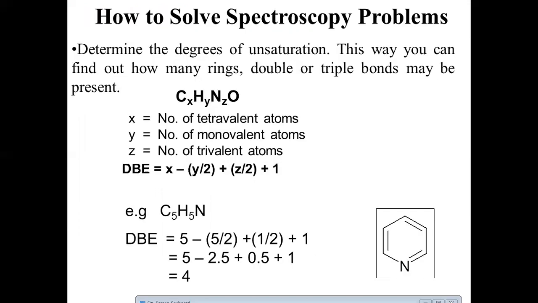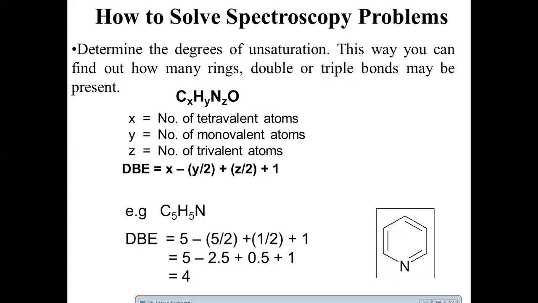Now, how to solve spectroscopic problems? Suppose the molecular formula is given, you can find out the degree of unsaturation or double bond equivalence. Consider CxHyNzO, where x is the number of tetravalent species, y is the number of monovalent species, and z is the number of trivalent species. You can calculate the double bond equivalence by using the formula x minus y by 2 plus z by 2 plus 1.